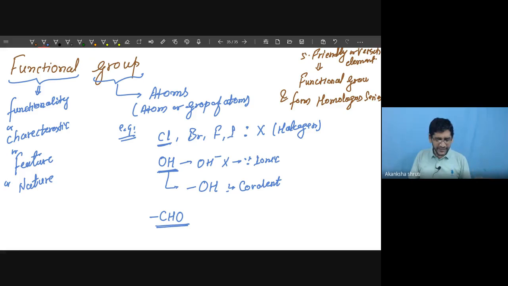The characteristic is decided by the group of atoms, so that group of atoms is called a functional group.